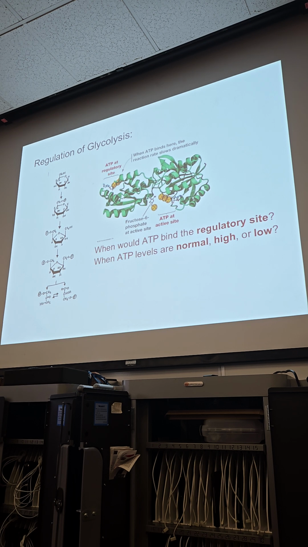I did this reading on Wednesday, so I don't remember. Anybody remember now from the reading? Which cells do not have mitochondria? Red blood cells. Red blood cells do not have mitochondria.